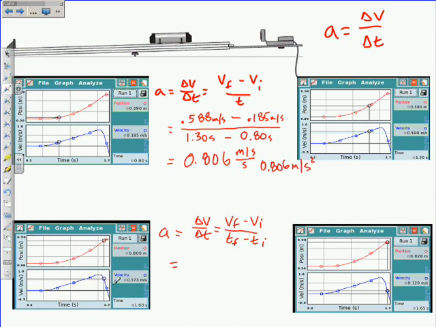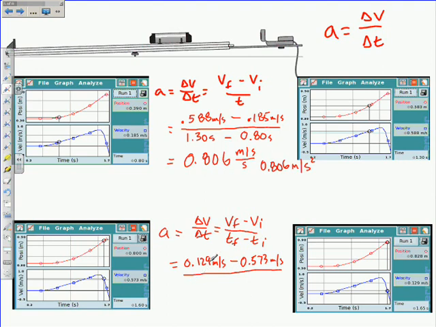This will be the initial velocity, because this velocity occurs at an earlier moment in time than the one over here. So for my final velocity, I have to come over to this graph. The final velocity in this interval is 0.129 meters per second, minus the initial velocity in the interval that I picked of 0.573 meters per second.